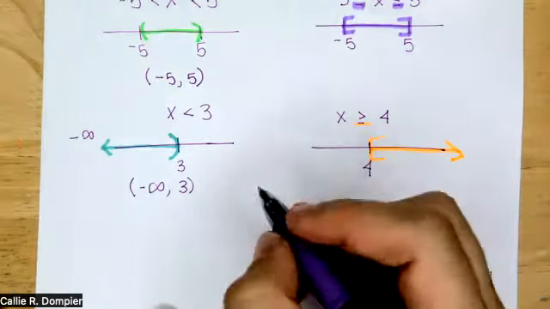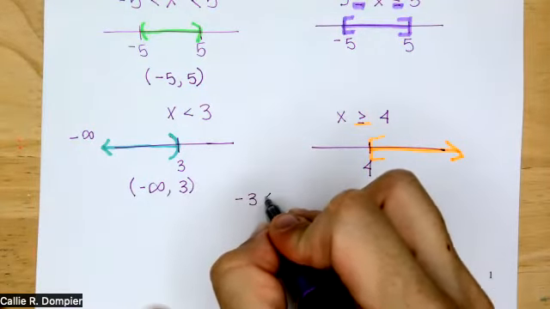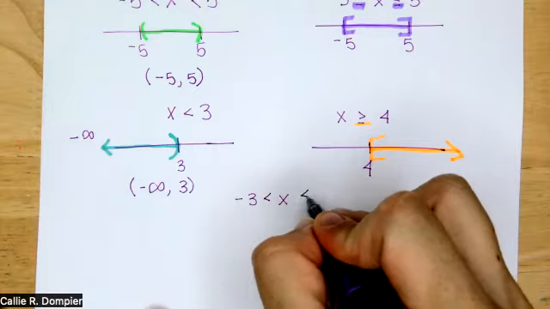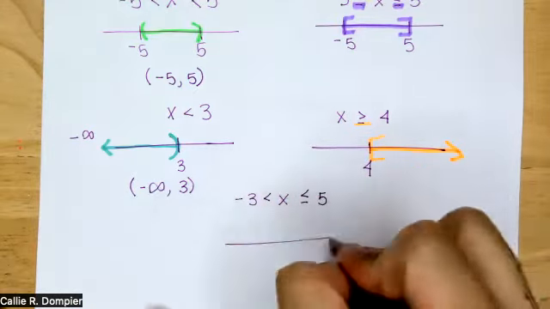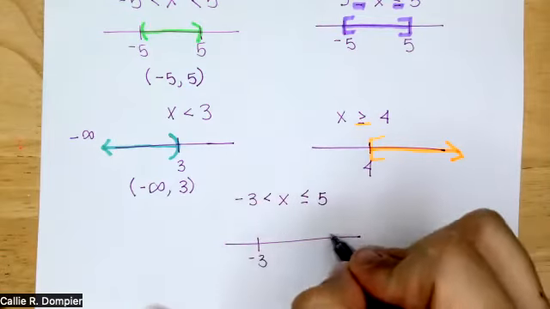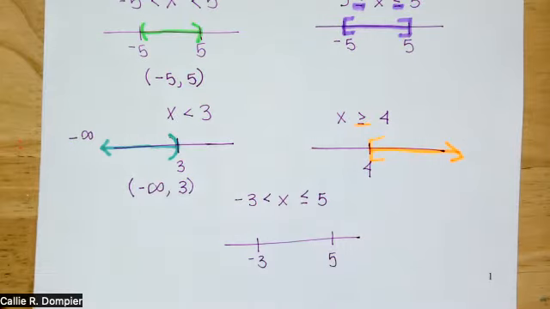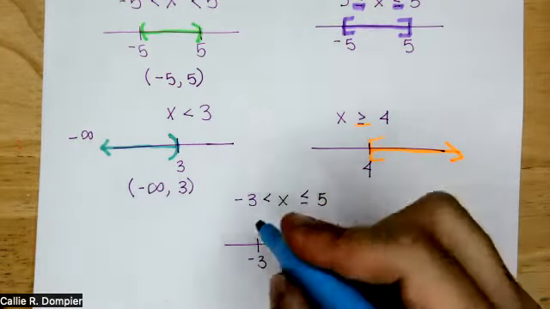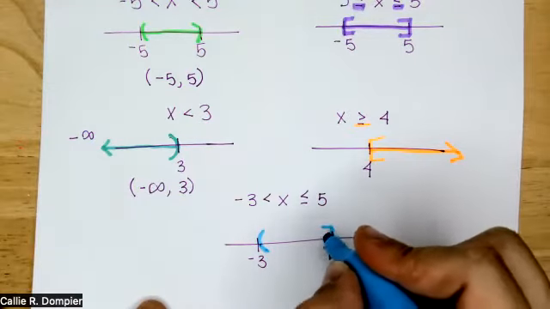And then just maybe one more. Negative 3 is less than x, which is less than or equal to 5. So I need negative 3 and 5. It's greater than negative 3, but less than or equal to 5.